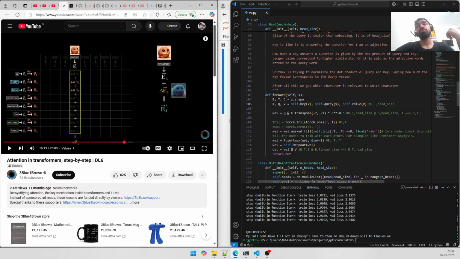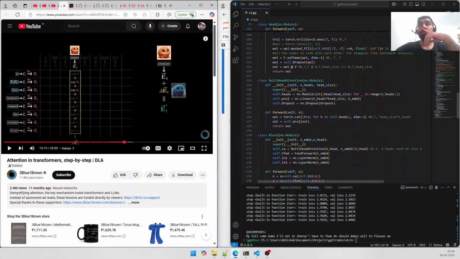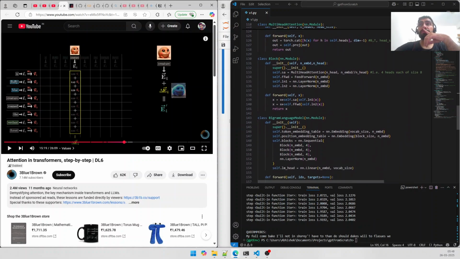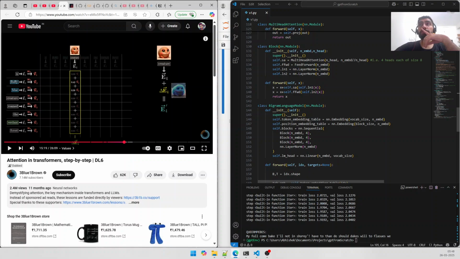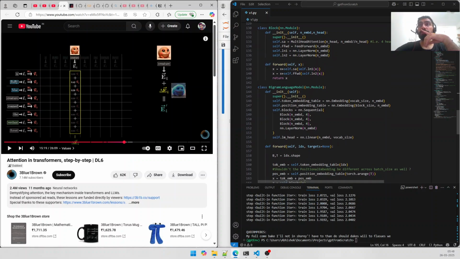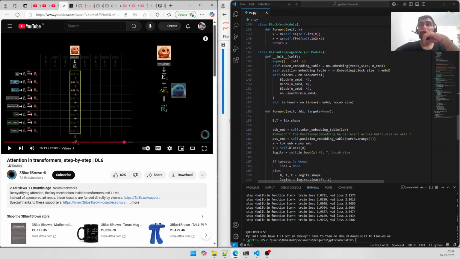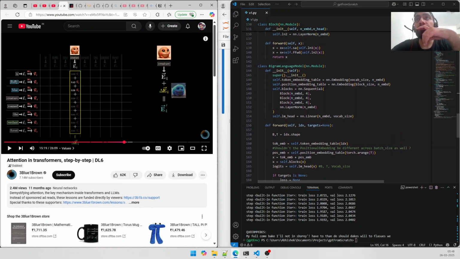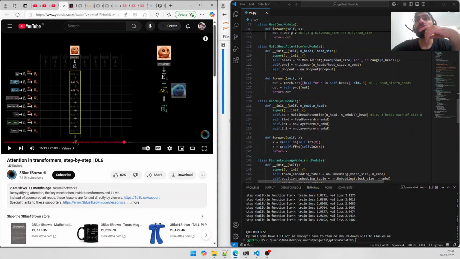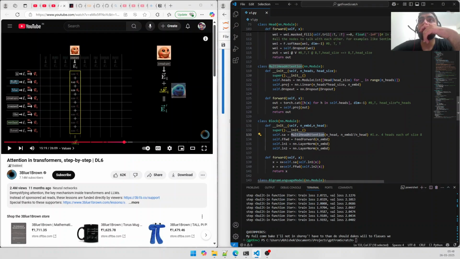So whatever output I get out of a head, we do a projection on the embedding, so that it will be smaller.